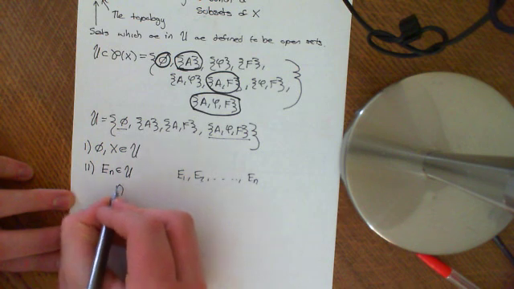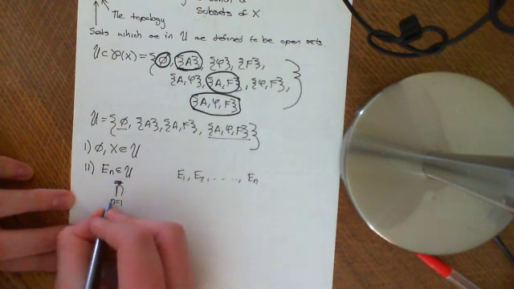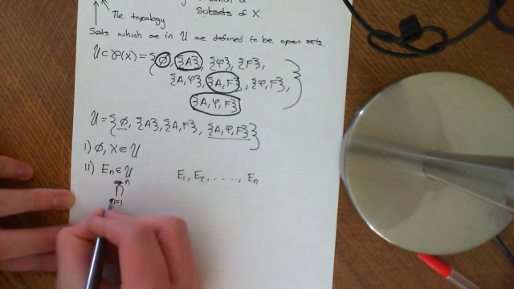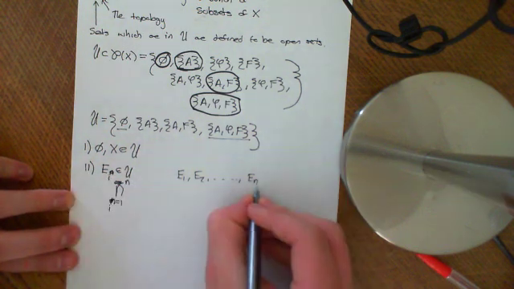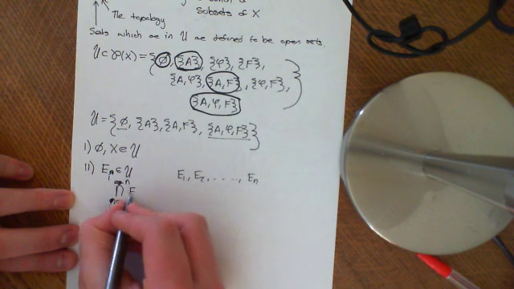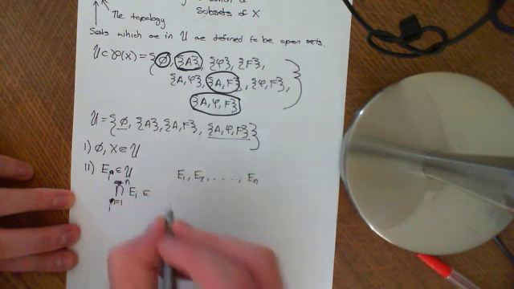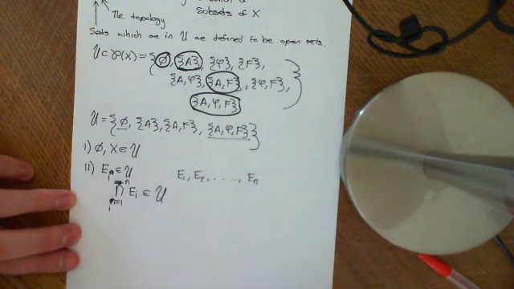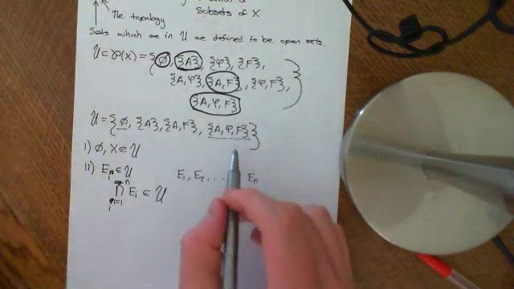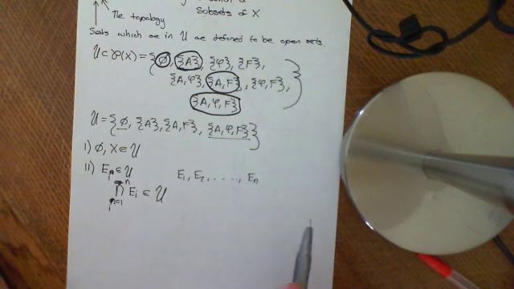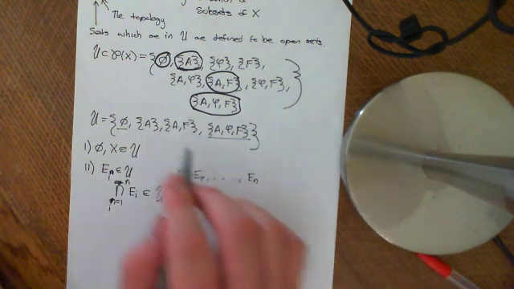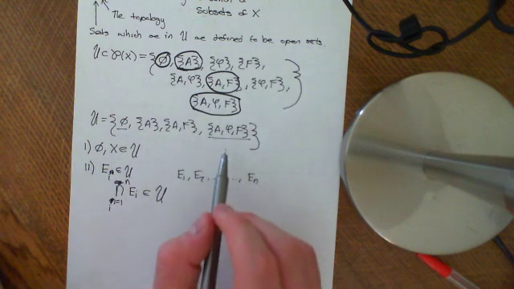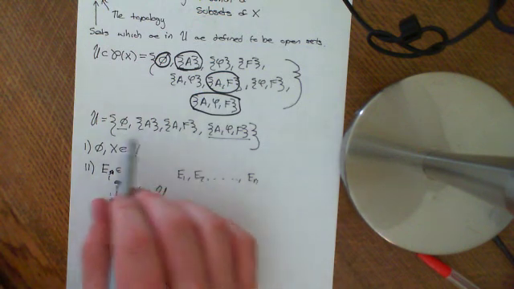So the intersection, i is equal to 1 to n, of the E_i's, when you intersect them all together like that, it has to also make you another set which is in your topology. Is this met in this case? If I pick any combination of these and I intersect them, am I going to always get another set in here?